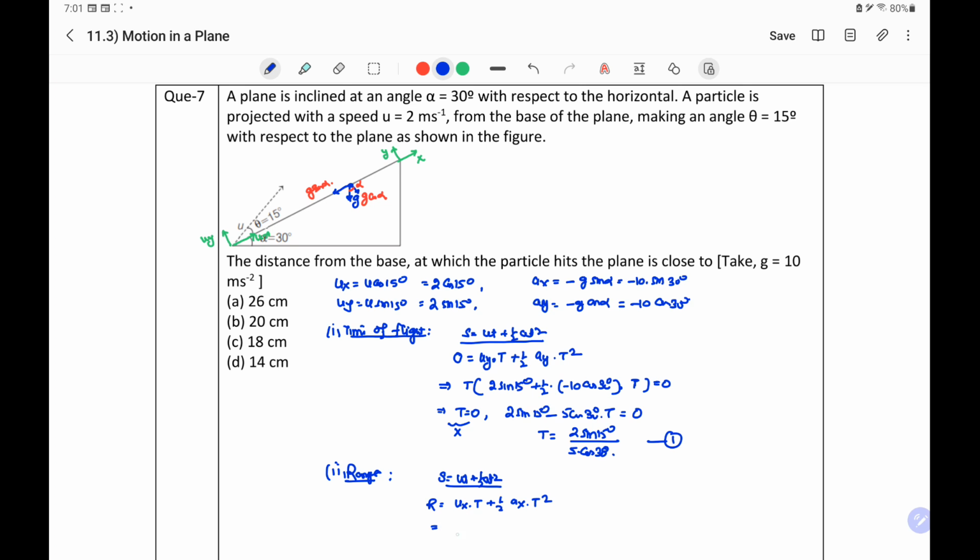Now substituting the values: ux is 2 cos 15 degree, flight time is 2 sine 15 degree by 5 cos 30 degree, plus half ax, which is minus 10 sine 30 degree, and then t square, and t square is 2 sine 15 degree by 5 cos 30 degree whole square.